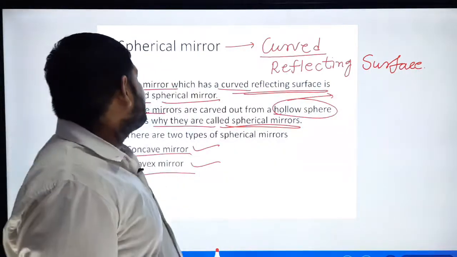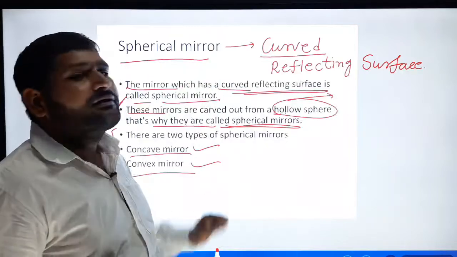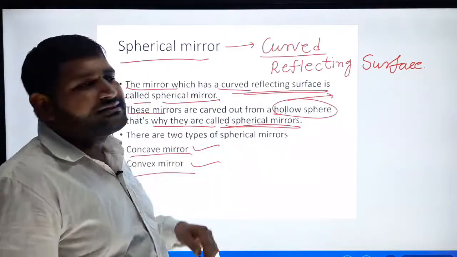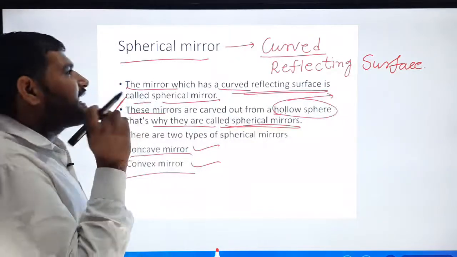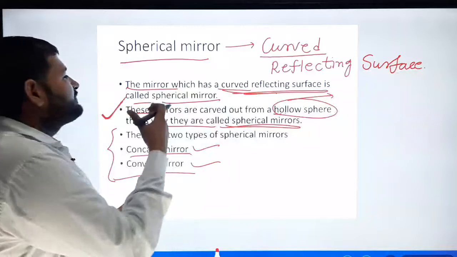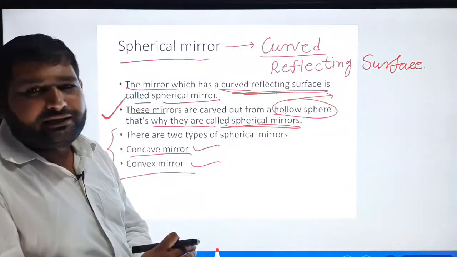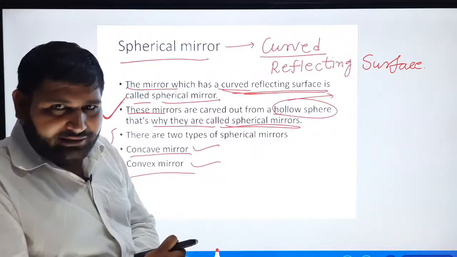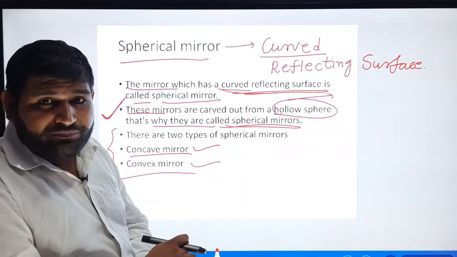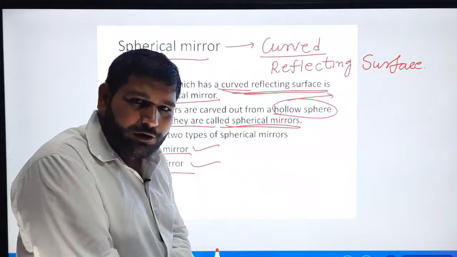So first is the definition of spherical mirror. What is the definition of spherical mirror? Spherical mirrors are those types of mirror which have the reflecting surface in curved shape, or the mirror which has a curved reflecting surface is called a spherical mirror. These mirrors are carved out from a hollow sphere.